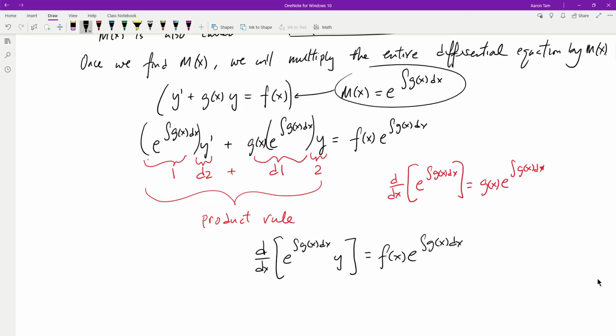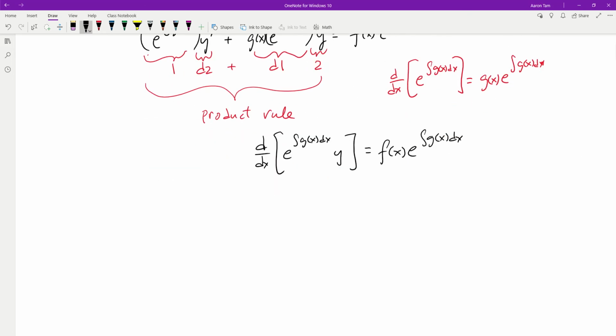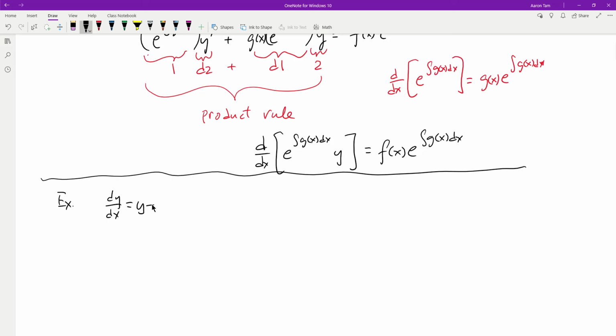Okay? So let's do a very simple problem just to show you how that works. Okay, so how about we have this equation right here. Let's say dy over dx is equal to y plus 1. Let's solve for y.